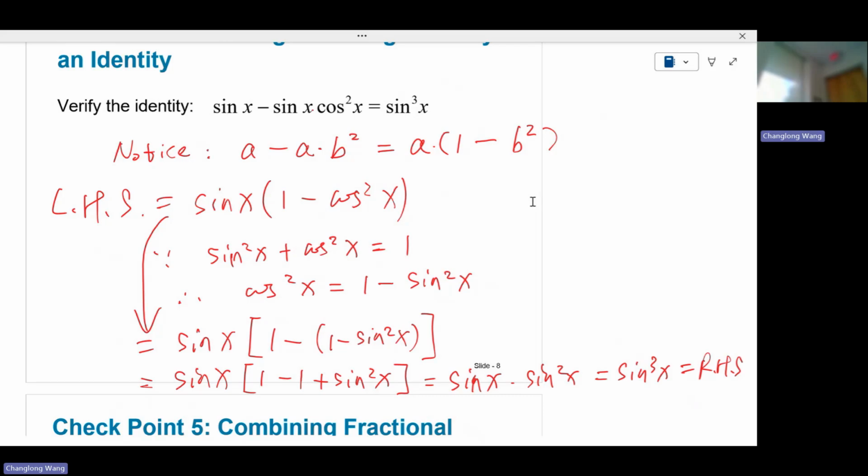So now, yes, it's not that straightforward, but I want you to find yourself a good reason that when you see a 1 minus cosine square, 1 minus sine square, or even sometimes just sine square or cosine square, think about this guy, right? But what does it mean when they say look for opportunities to apply those identities? I don't think that this combination is ready for you to apply this identity.